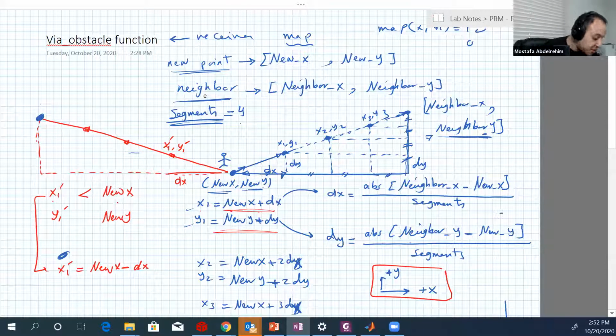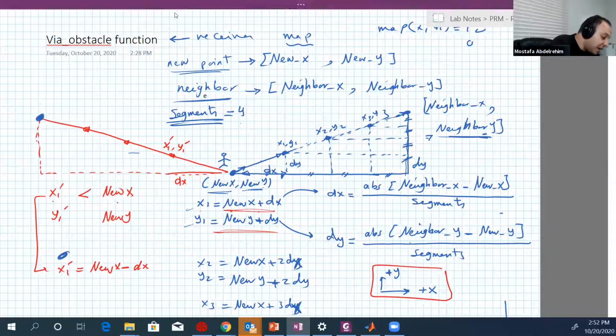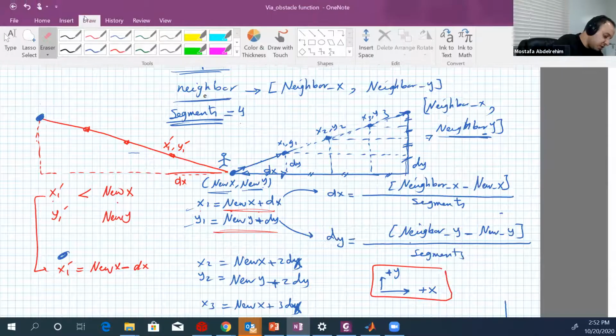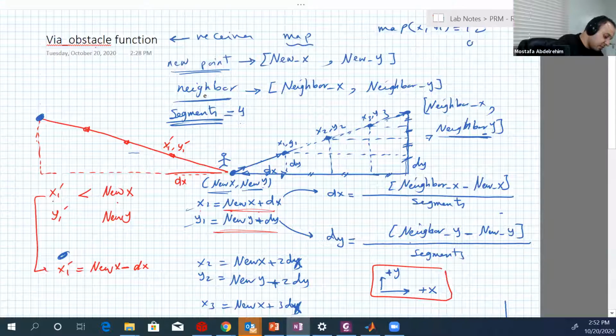Okay, so a better, general solution is to eliminate this absolute value, and just take whatever value you have with its sign, and let's check that. So if now new x is here, this is the neighbor, neighbor x and neighbor y.